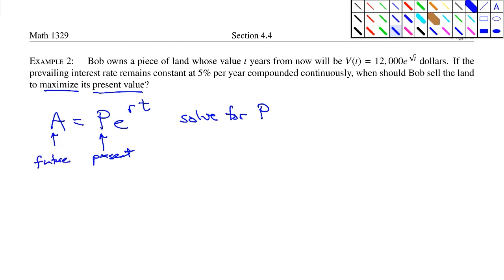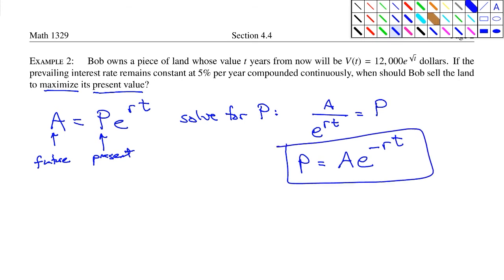So if we solve for P, then we get A divided by e to the rt is equal to P. And I can rewrite that by moving the e to the rt power back into the numerator and negating the exponent. So this is a formula for present value if something is going to be compounded continuously.